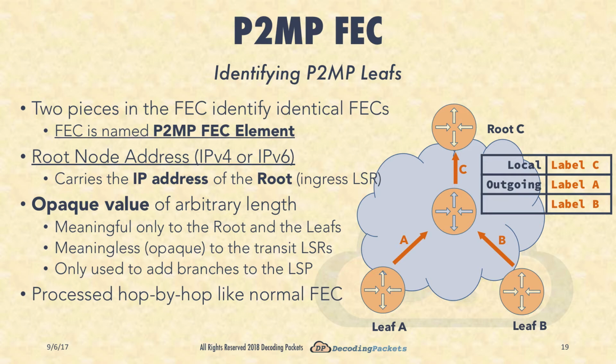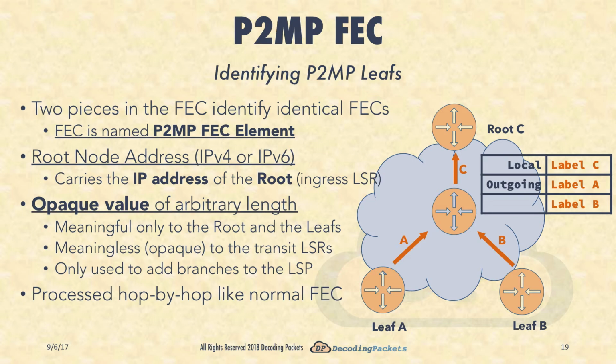So you need to route the FEC on the correct RPF interface, and this IP helps you in doing that. Now, number two is the identification of the FEC as being unique by the LSRs. So the second field in the P2MP FEC is an opaque value of an arbitrary length.